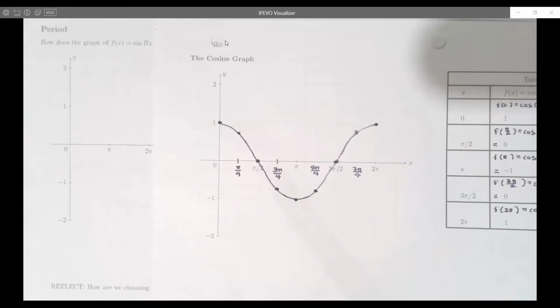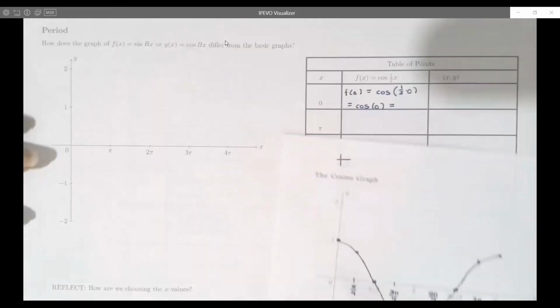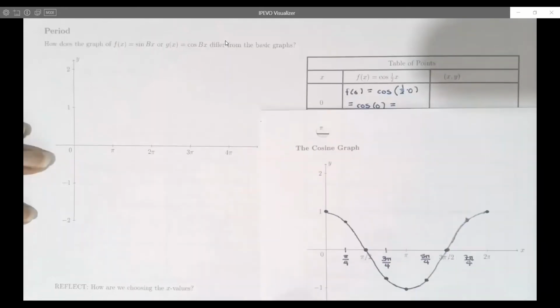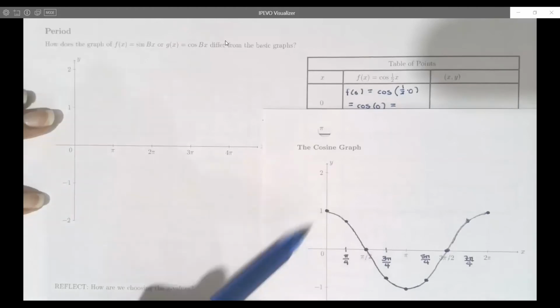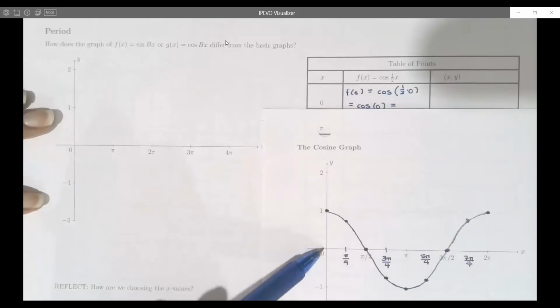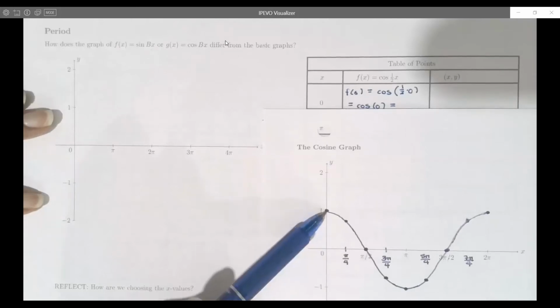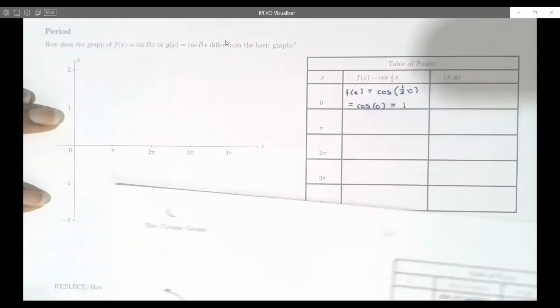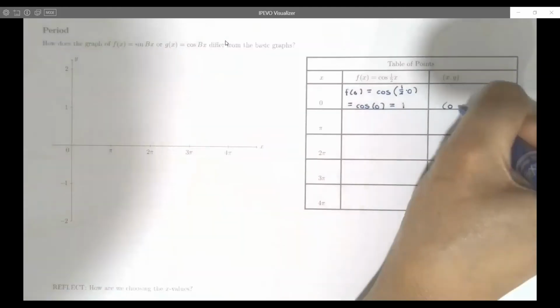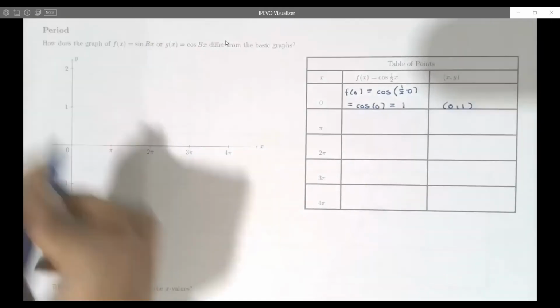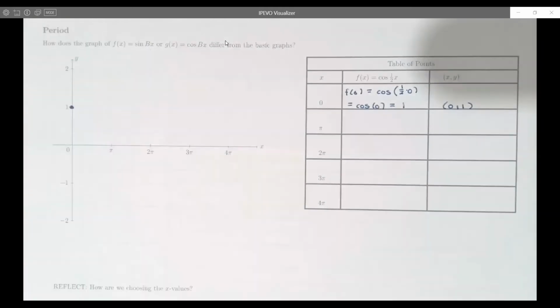Since I already have this one here, I'll just use it so that you can also see an example of how to apply this. Here is 0. That means cosine of 0 has to be 1, because that's where we have our first point. Cosine of 0 is 1. That means we're plotting the point (0, 1), which is there.